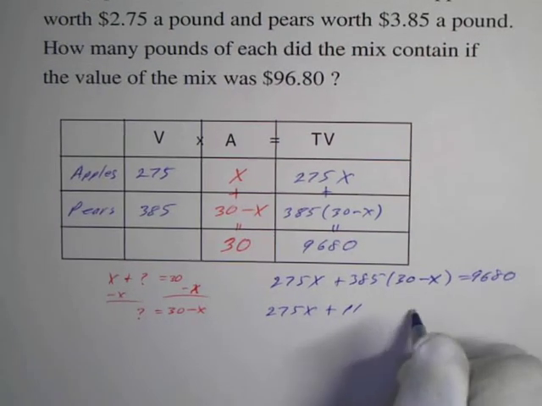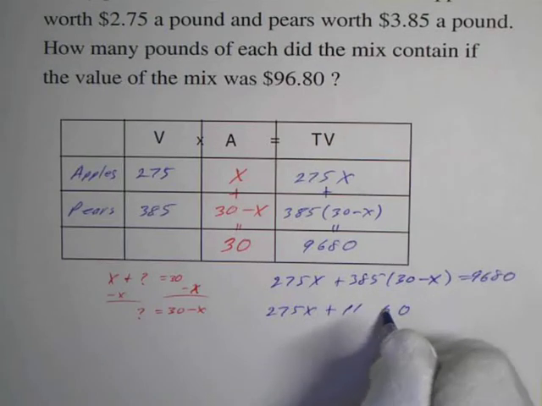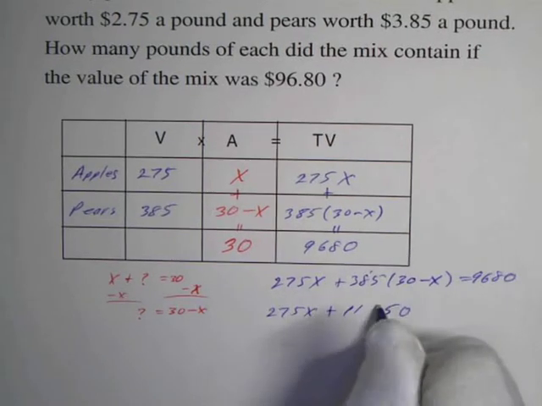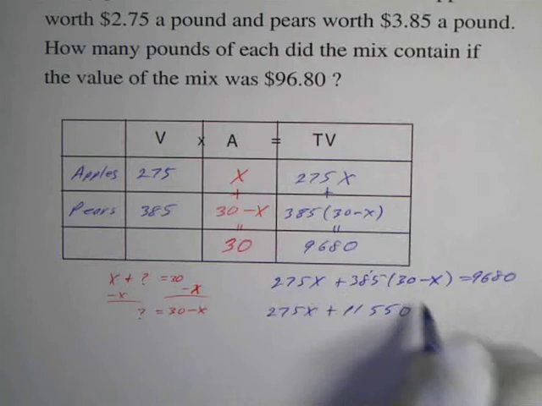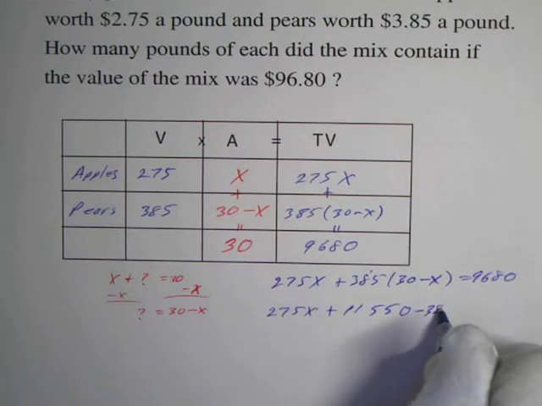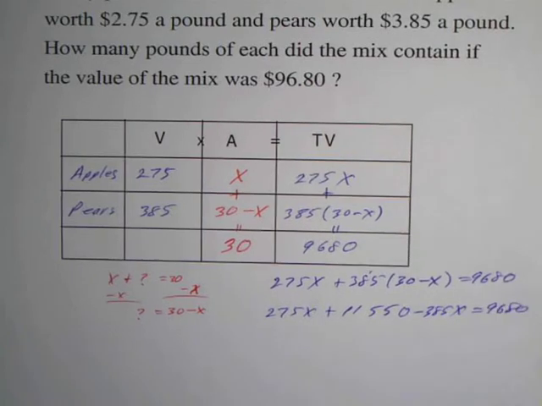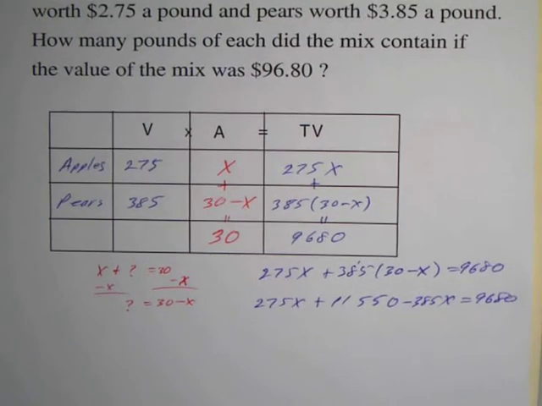Let's see, 0, and 3 times 5 is 15, carry 1, 24, 25, carry a 2, yeah, 11,550 minus 385x, and that equals 9680. Okay, all right.